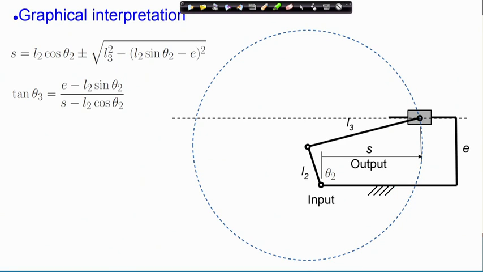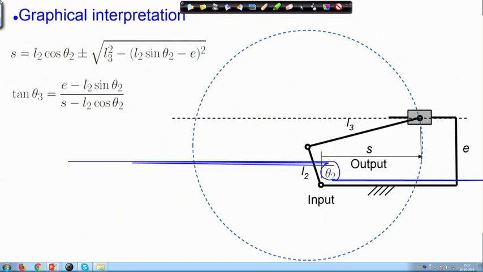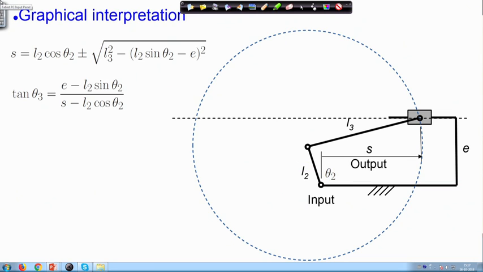As you can see, the angle theta 2 is given to me, it is known. Therefore, this point is fixed.